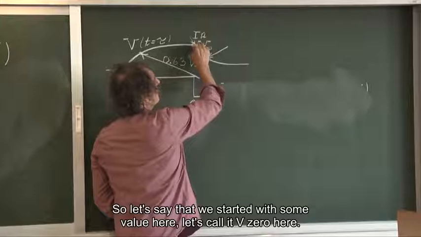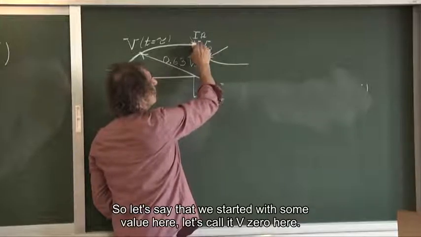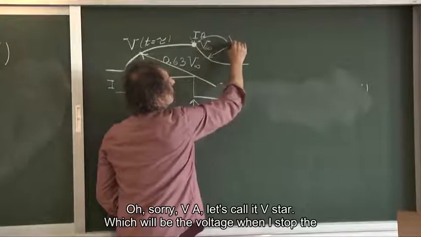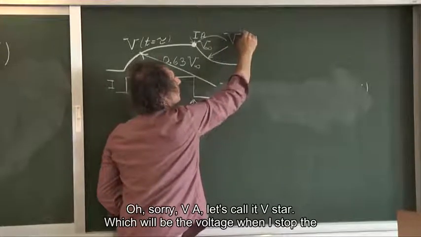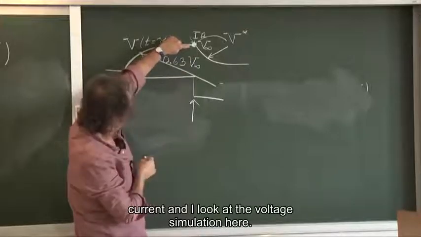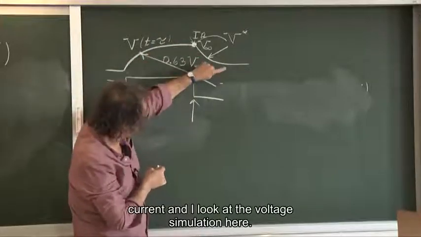So let's say that we started with some value here. Let's call it V star, which will be the voltage when I stop the current, and I'm looking at the voltage attenuation here.